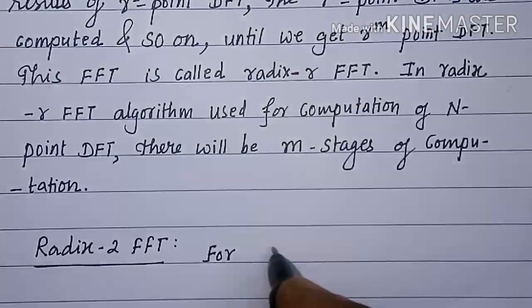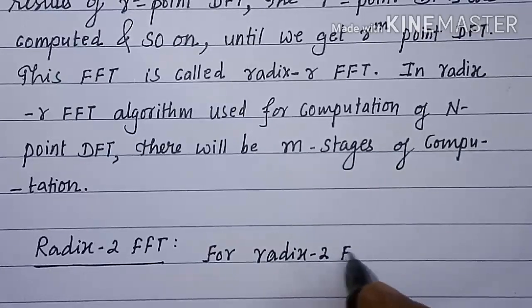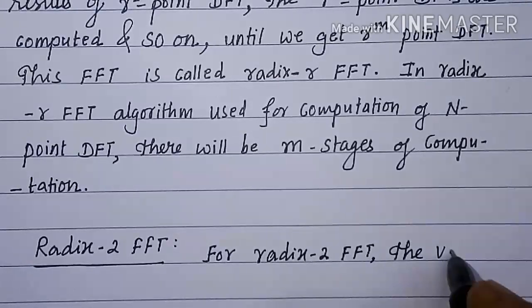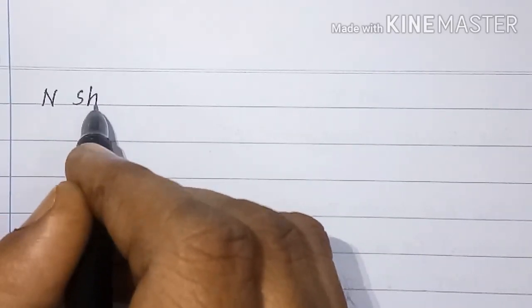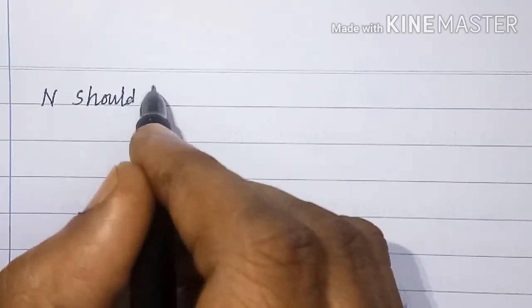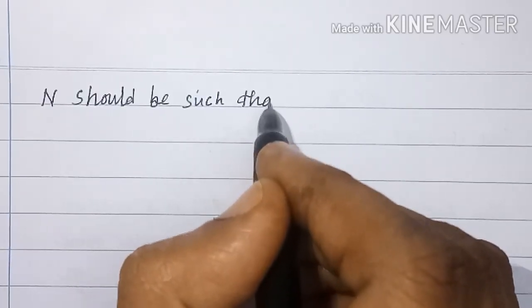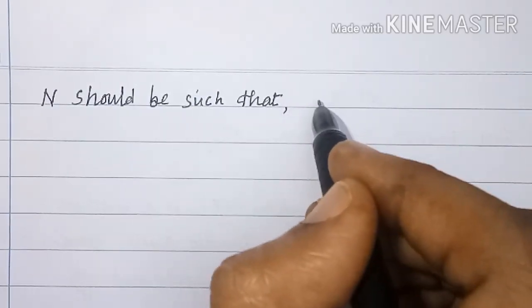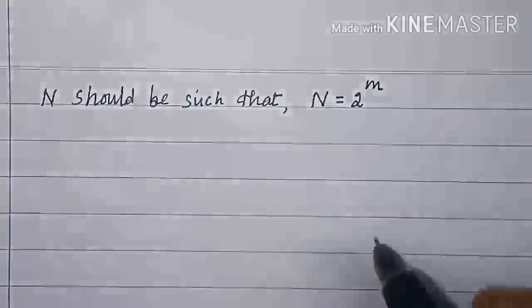For Radix 2 FFT, the value of N should be such that N equals 2 raised to m.